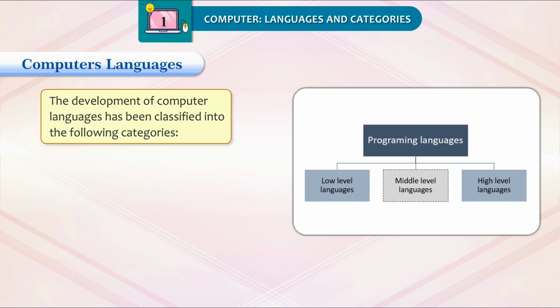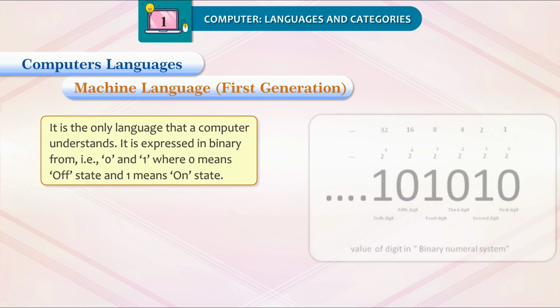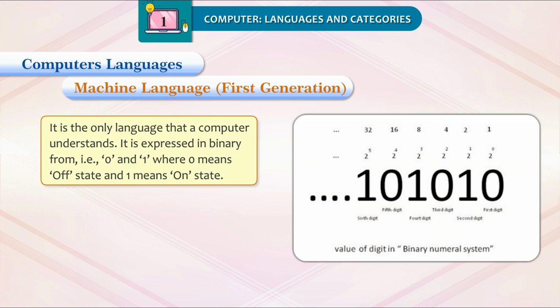The development of computer languages has been classified into the following categories. Machine language, first generation. It is the only language that a computer understands. It is expressed in binary form, 0 and 1, where 0 means off state and 1 means on state.